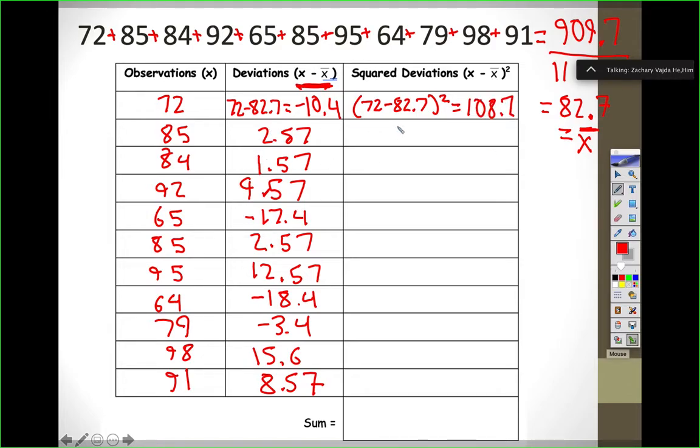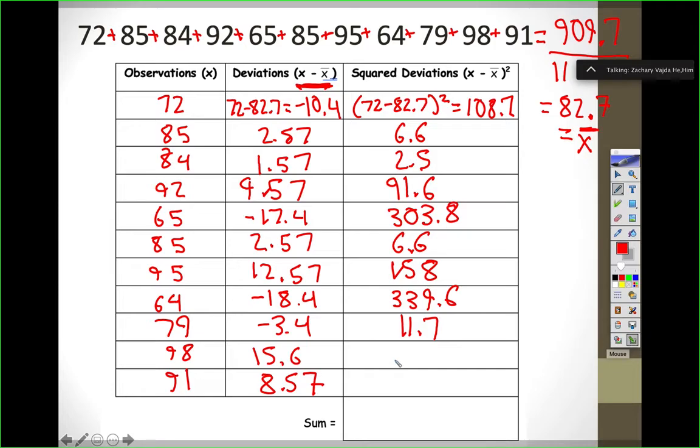Just squaring these little numbers. 6.6, 2.5, 91.6, 303.8, 6.6, 158, 339.6, 11.7, 242.4, 73.4.